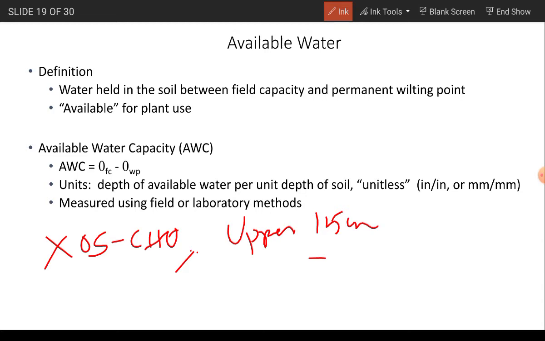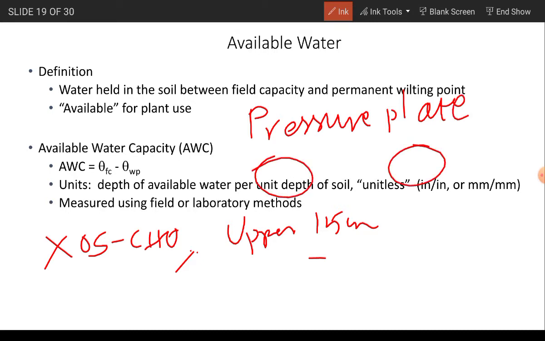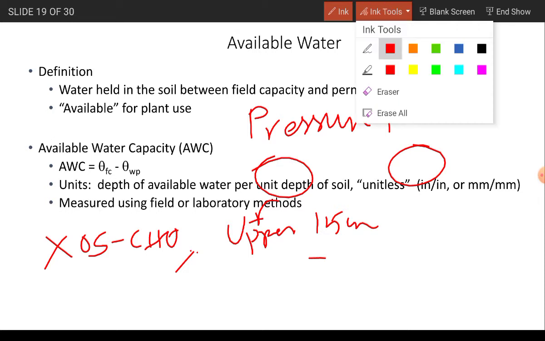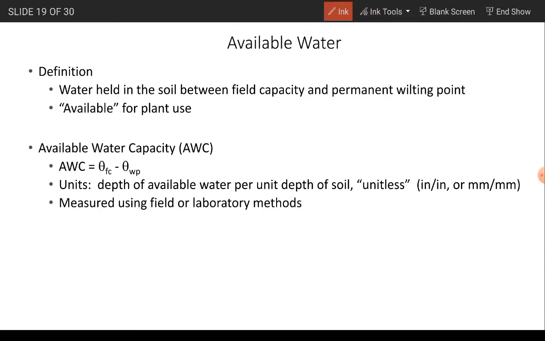There is another apparatus called the pressure plate apparatus, where a required pressure is created: 0.3 atm for field capacity and 15 bar for permanent wilting point.